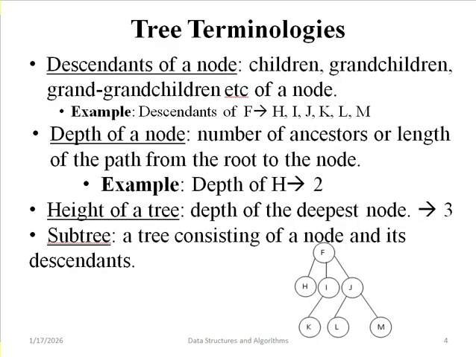Descendants of a node: these are the children, grandchildren, great-grandchildren, etc. of a node. That means we start from that node and continue moving down to the terminal nodes that are descended from that particular node.